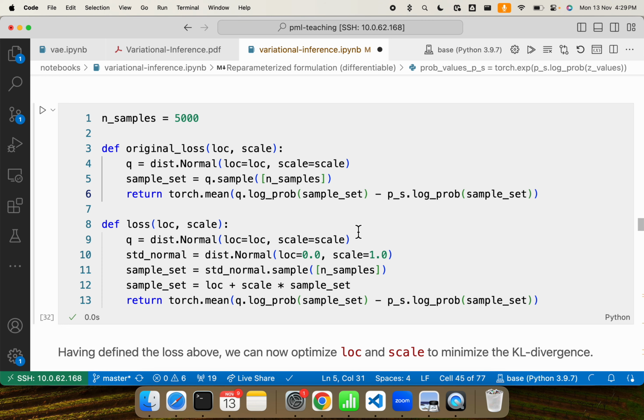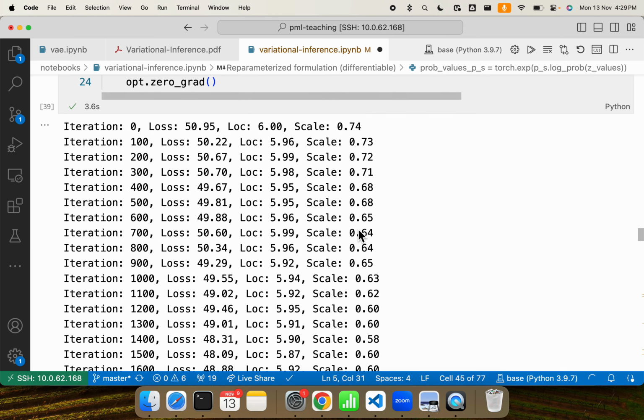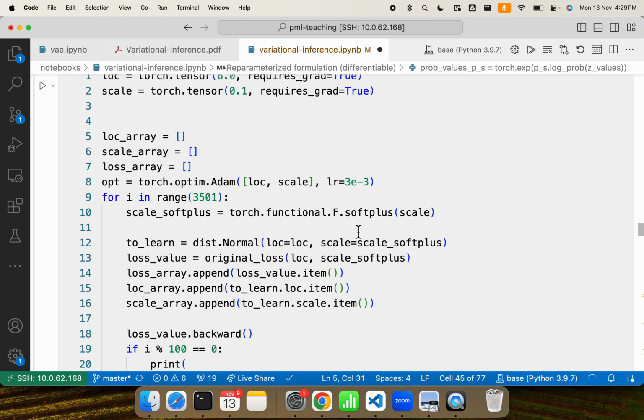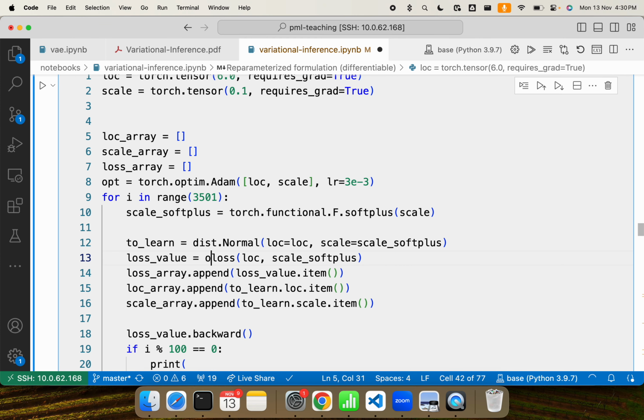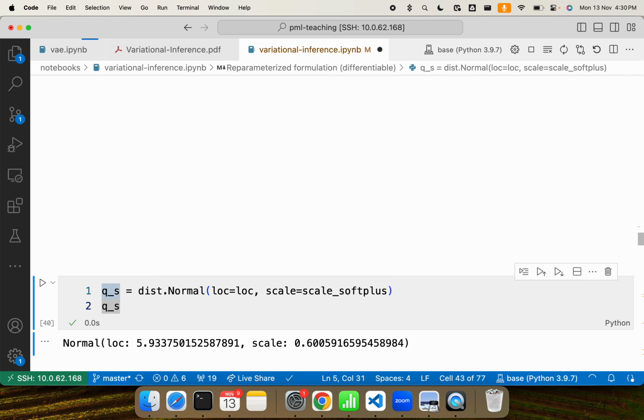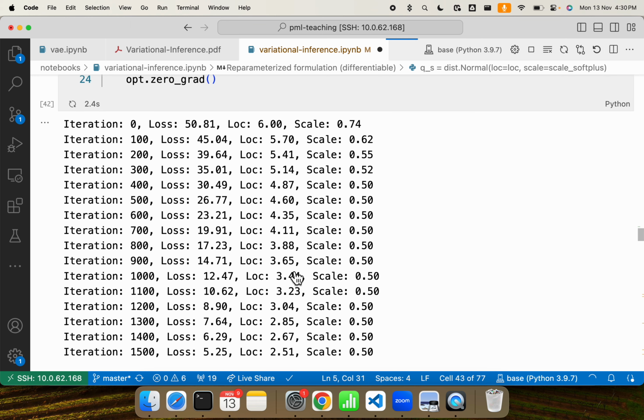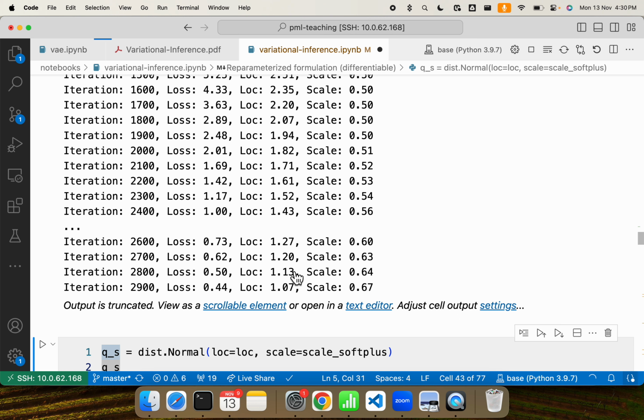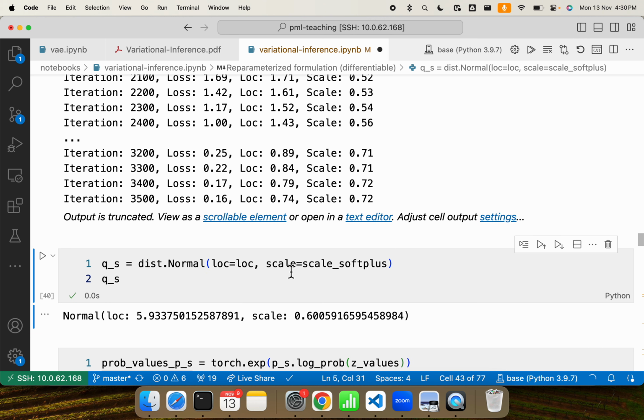Okay, other questions on this? I will move from the original loss to the reparameterized loss, and the objective is getting optimized now.